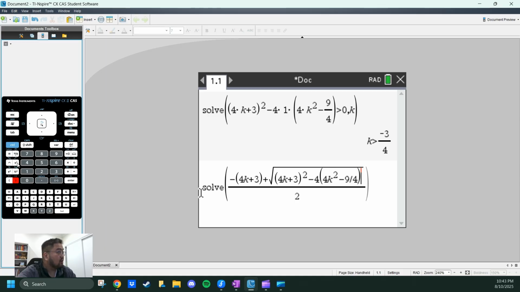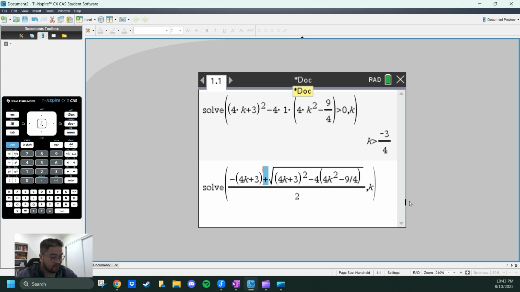We want to solve this for k, but if we think about this, there are two possible solutions. There's the positive component and there's the negative component. If we focus on the positive component, it's probably going to be more positive than the negative component. So with this one here, I want this one to be my positive solution.